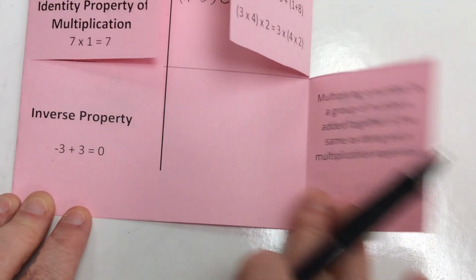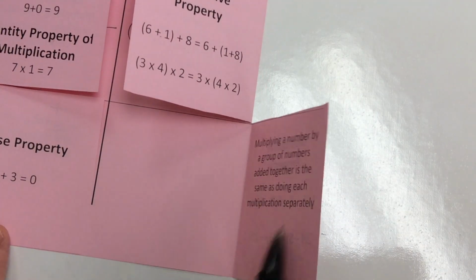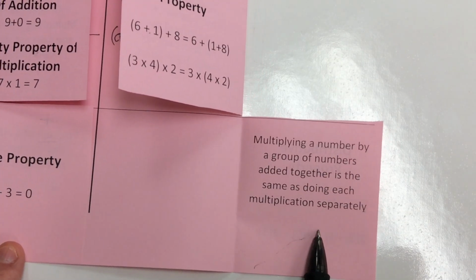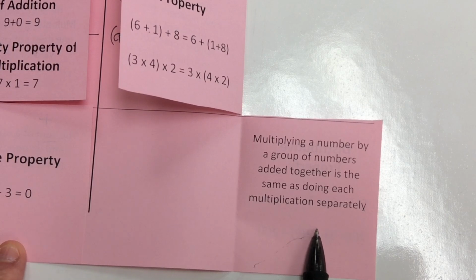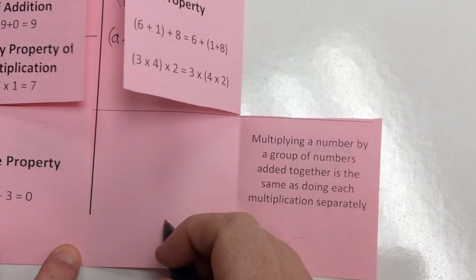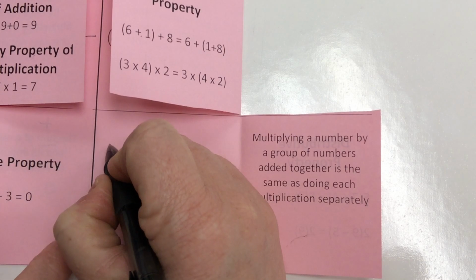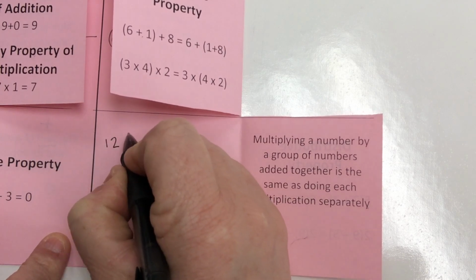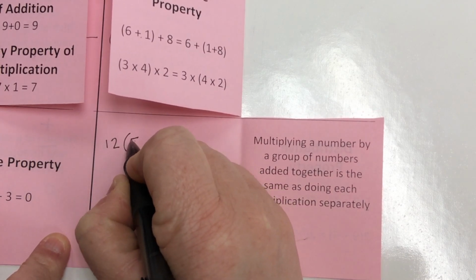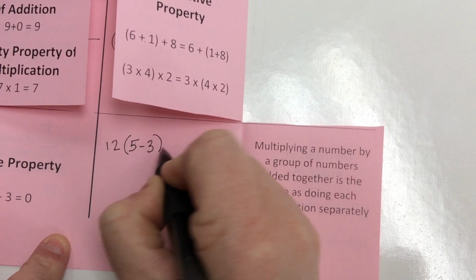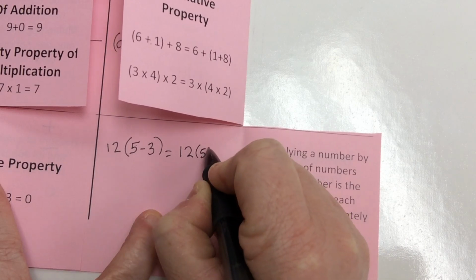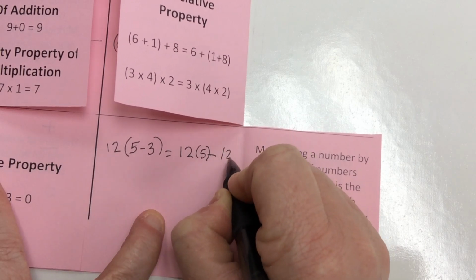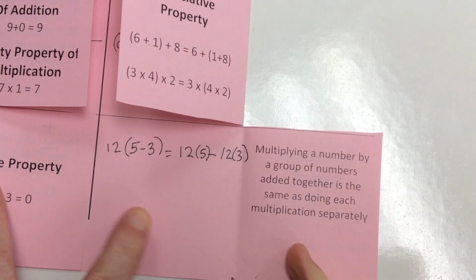Okay, we're going to give some examples, and we can also use variables. Okay, it says multiplying a number by a group of numbers added together is the same as doing the multiplication separately. Okay, so I'm going to say 12 times 5 minus 3 is the same as 12 times 5 minus 12 times 3.